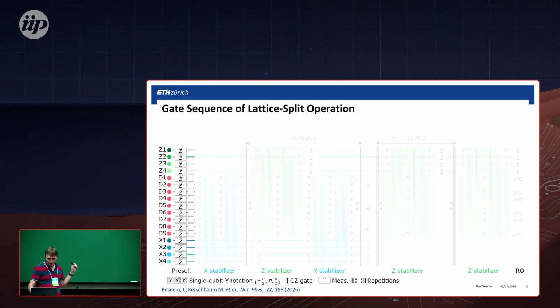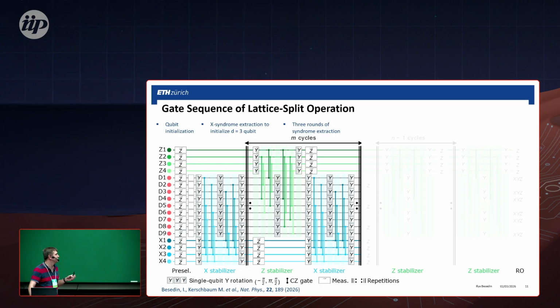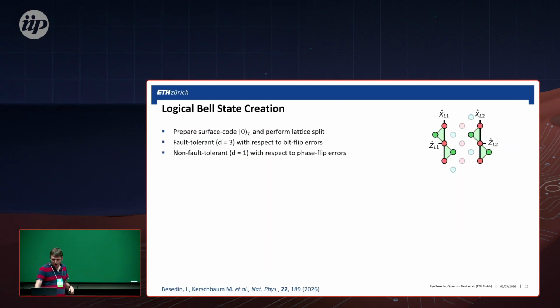Okay, so the full gate sequence would look like this. We have the preparation, and then we have an X-type stabilizer measurement, and we do 3 rounds of syndrome extraction, ZX, ZX, ZX. Then we do the split operation, and do more rounds of syndrome extraction. Now it's repetition codes, and it's only Z-type stabilizers, and then I do readout.